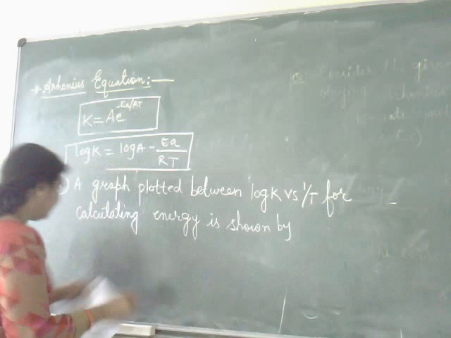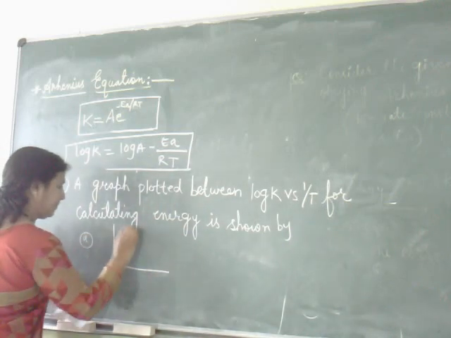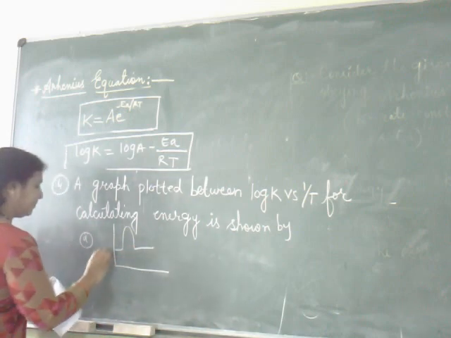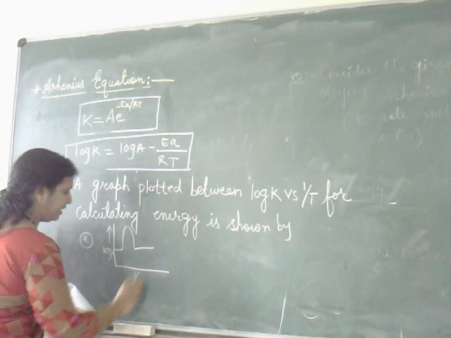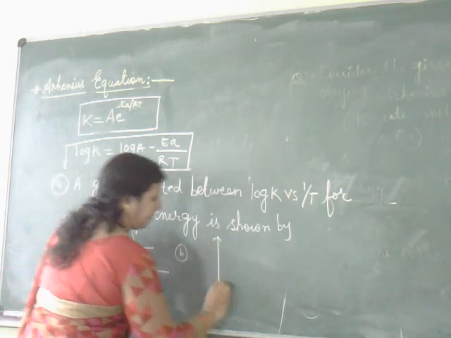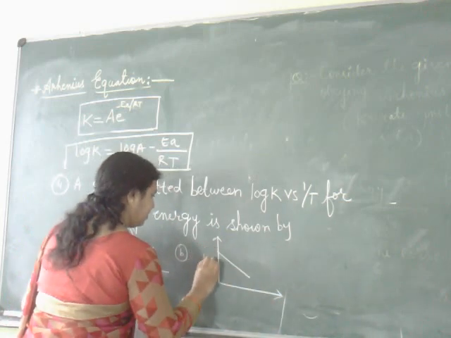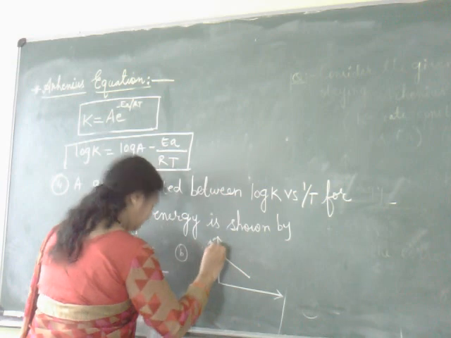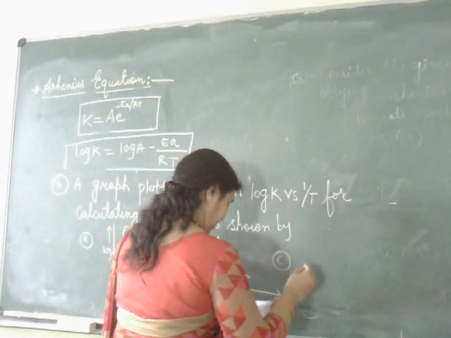Here four graphs are given: A, B, C and D, each with log k on the y axis and 1/T on the x axis.